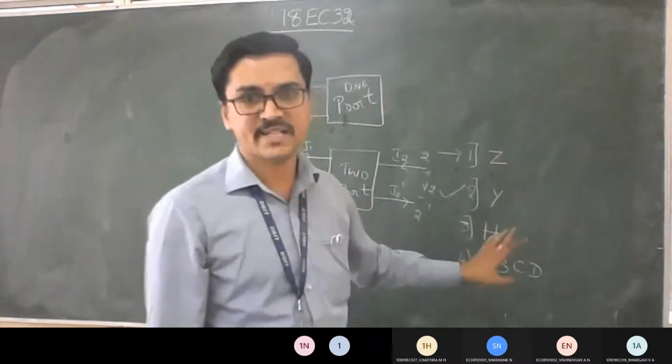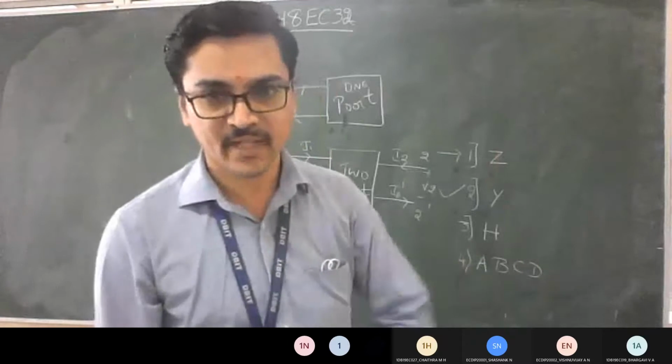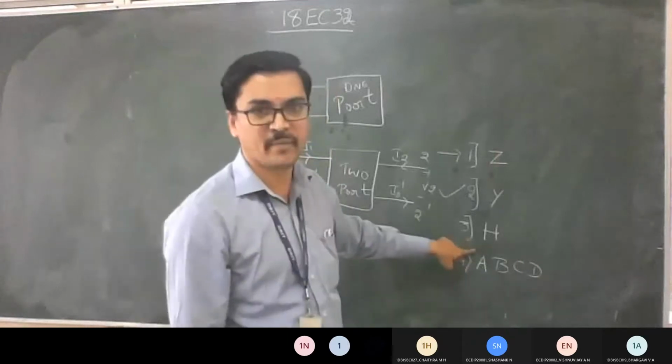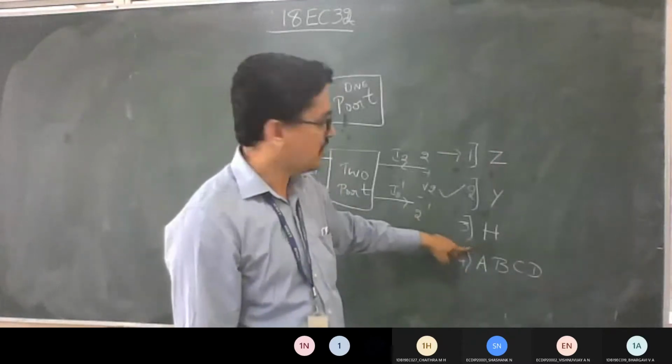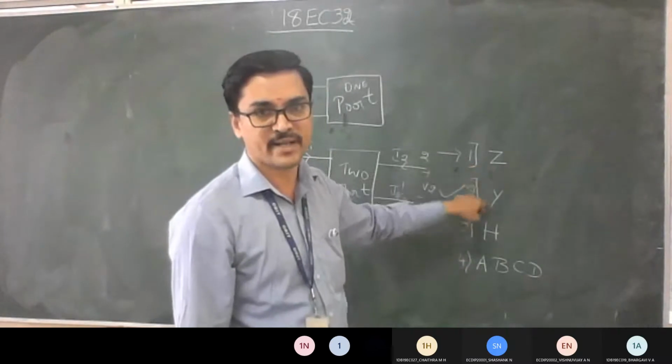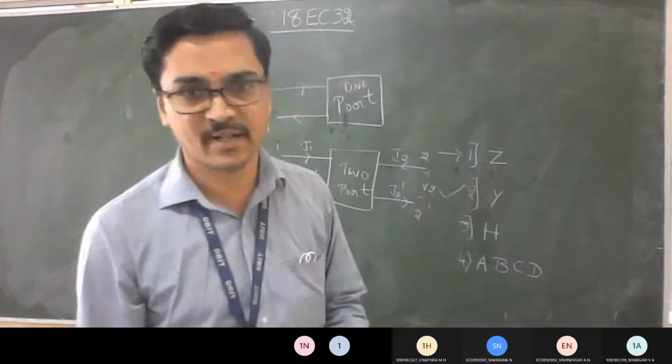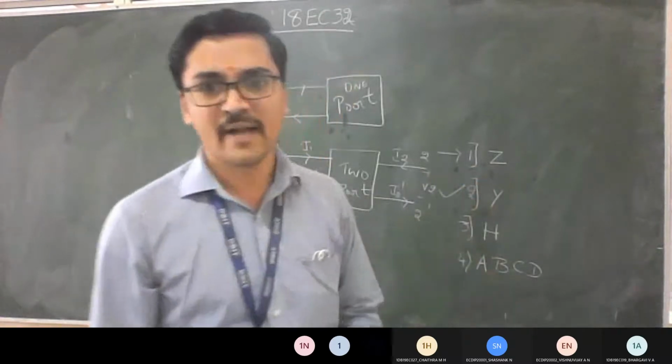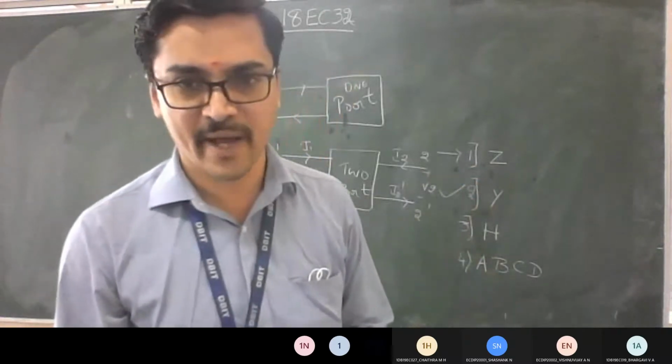And what does H indicate? H indicates the hybrid parameter. I'll repeat. H indicates the hybrid parameter. How is it obtained? With a combination of Z and Y. If you mix Z plus Y, the impedance parameter plus the admittance parameter, the outcome itself is the hybrid parameter. That is why it's called the H parameter.